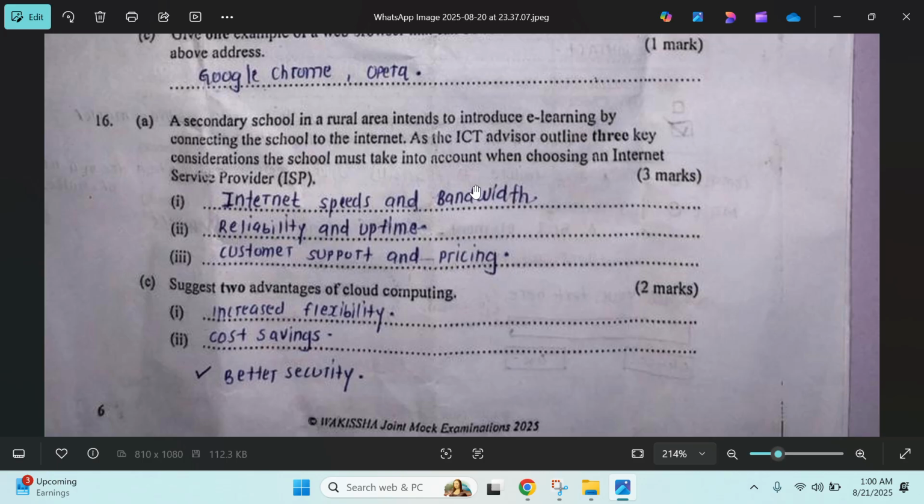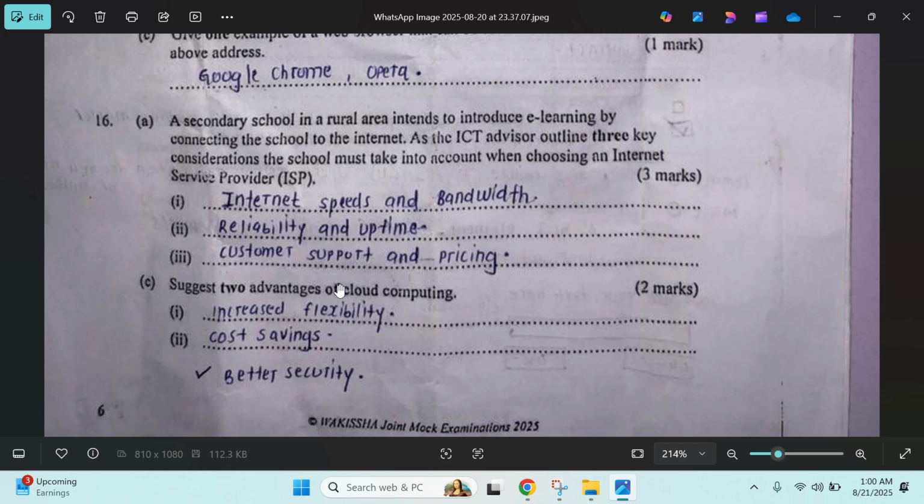Have they been in place for some time? Are they reliable? Are they 24/7 with us? Do they provide connection 24/7? And then also customer support and pricing. Do they provide customer care? How are their charges, etc.